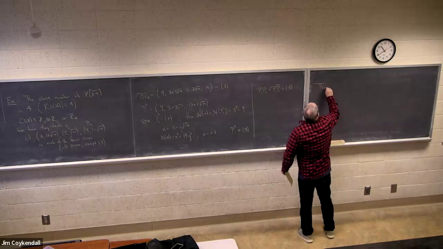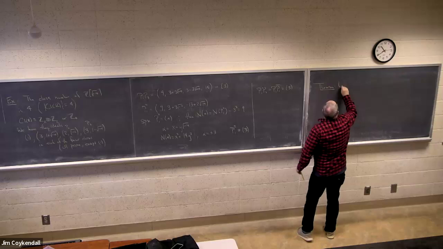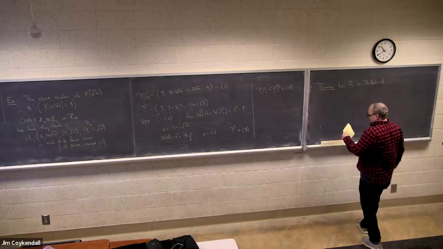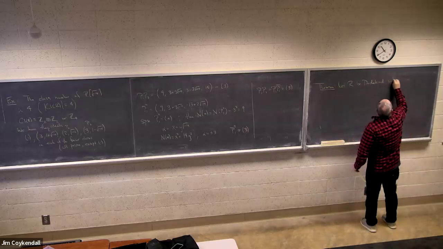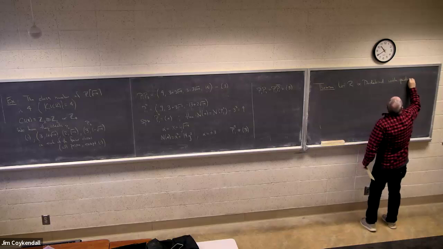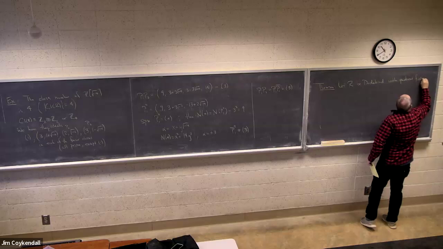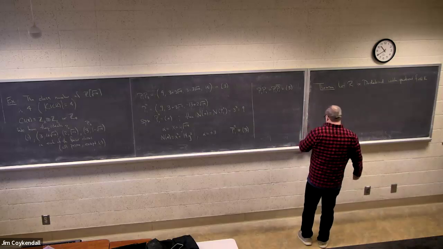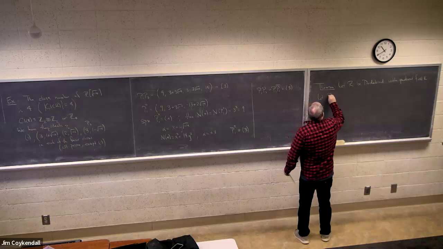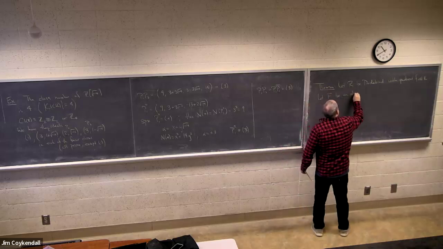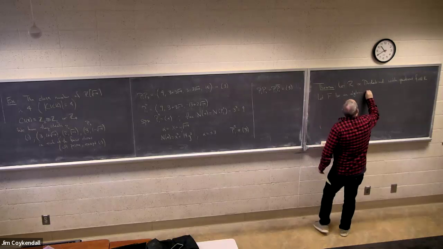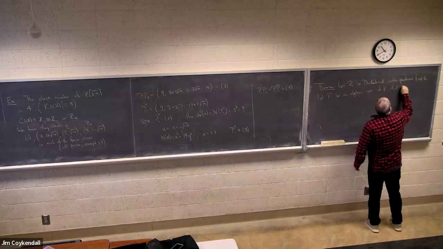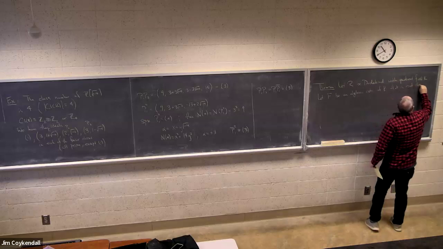Theorem. Let R be Dedekind with quotient field K. Let F be an algebraic extension of K that is root closed.